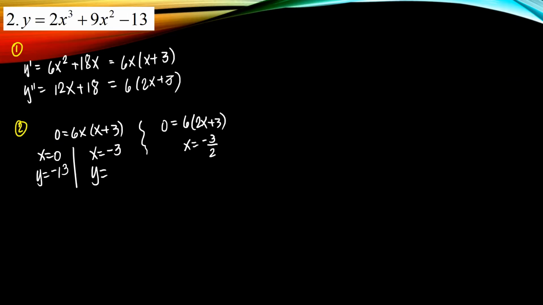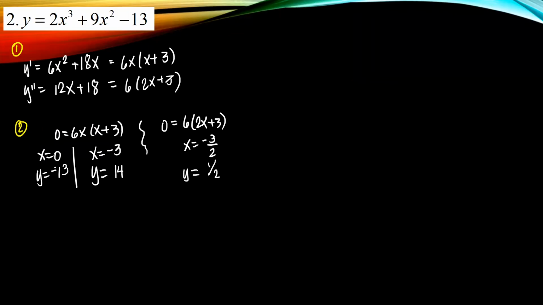Negative 54 minus 13 is negative 67. Negative 67 plus 81. What's the answer? 14. Okay. When x is negative 3 halves, can you solve for it? 1 half.